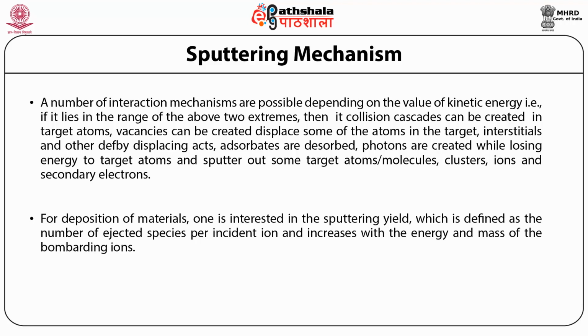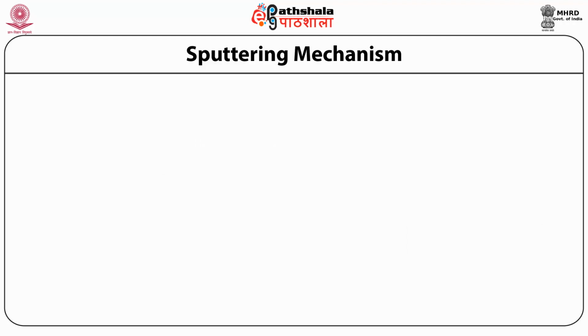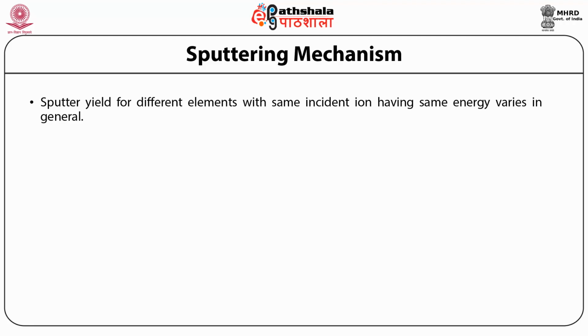Sputtering yield is defined as the number of ejected species per incident ion and increases with the energy and mass of the bombarding ions. Sputter yield for different elements with the same incident ion having the same energy varies in general.